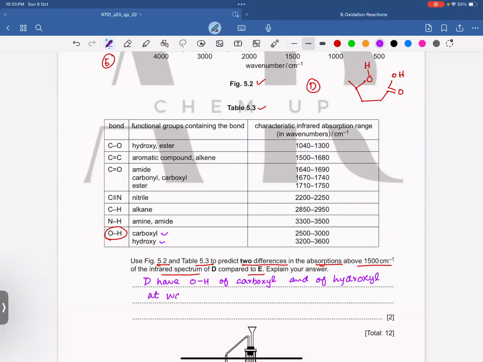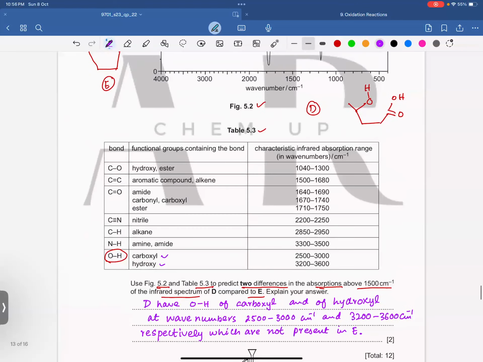At wave numbers, now we will mention their wave numbers, 2500 to 3000 centimeter inverse and 3200 to 3600 centimeter inverse respectively, which are not present in E. Yes, is this understandable?